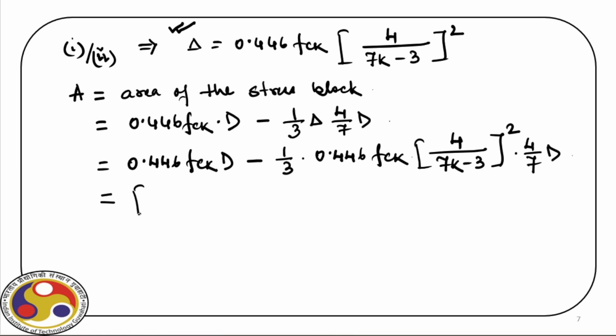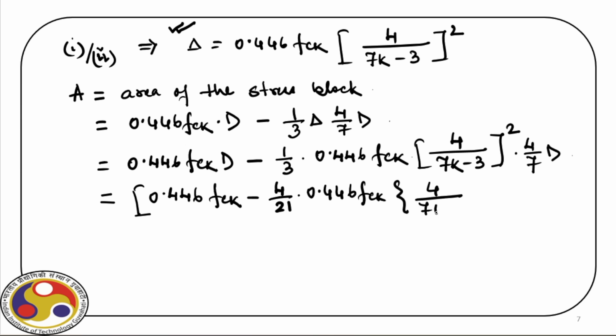So we have 0.446 FCK minus 1/3, or we can write it 4 by 21 times 0.446 FCK. Then we have 4 divided by 7K minus 3 whole square times D.